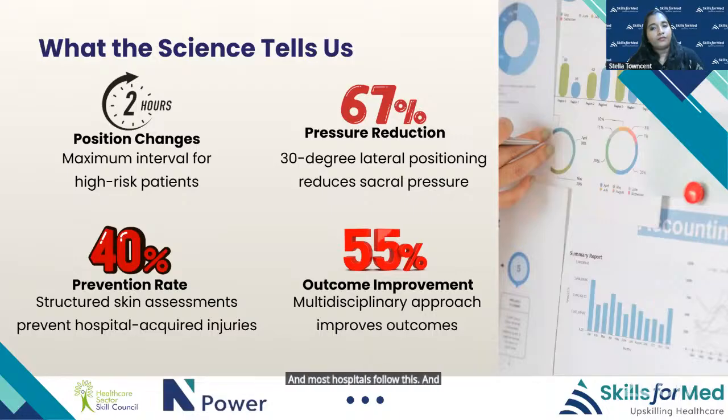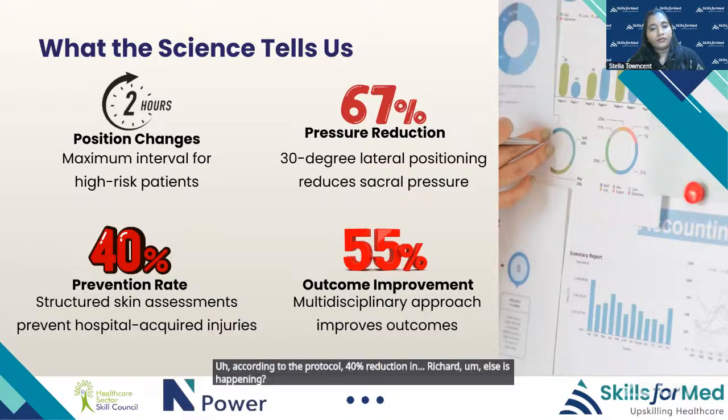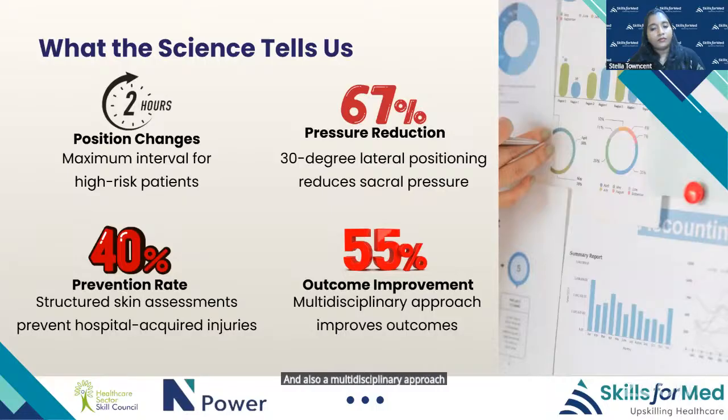And if you do it religiously, according to the protocol, there is a 40% reduction in pressure ulcers happening, and also a multidisciplinary approach, as we see in any sort of quality improvement, gives almost 50% improvement in the outcome of the patient. So that's what the science tells, and this is the evidence. And the main message here is the 2 hourly turning schedule. Next slide.